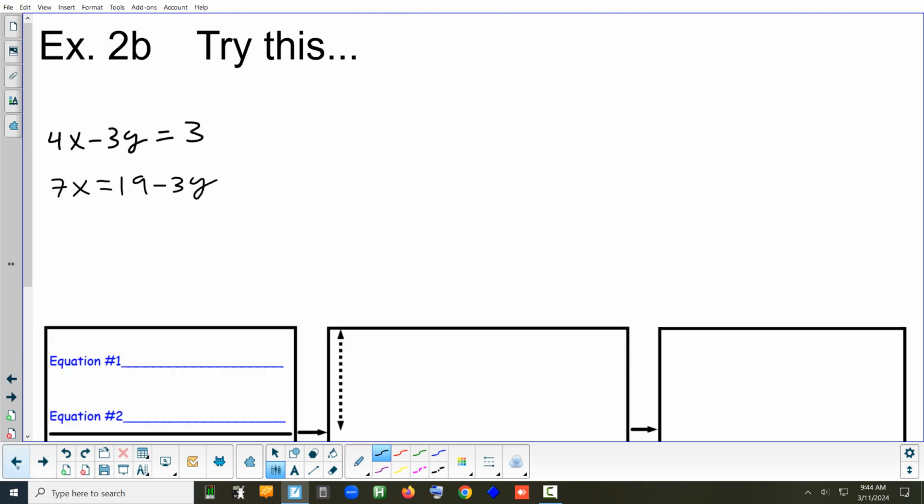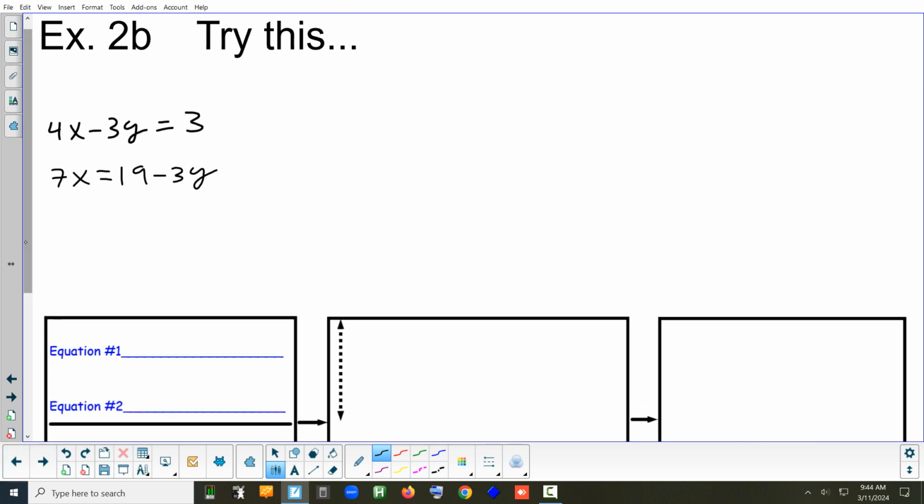All right, the last one, have you guys try example 2b at the bottom of the notes. Remember, don't fill anything in for equation 1 and equation 2 till you're sure they're in the right format. This was different.